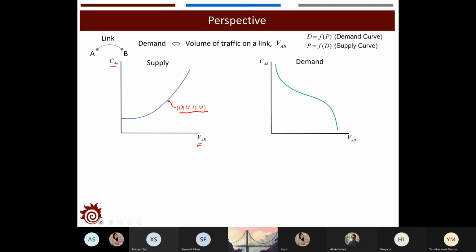And for the demand, we also analyze the demand with respect to the price, the cost of the trip, and also the budget and so on. So for the demand, V is the function of the cost, and for the supply, cost is the function of the V. Those would be the two same variables, and you can put them together.